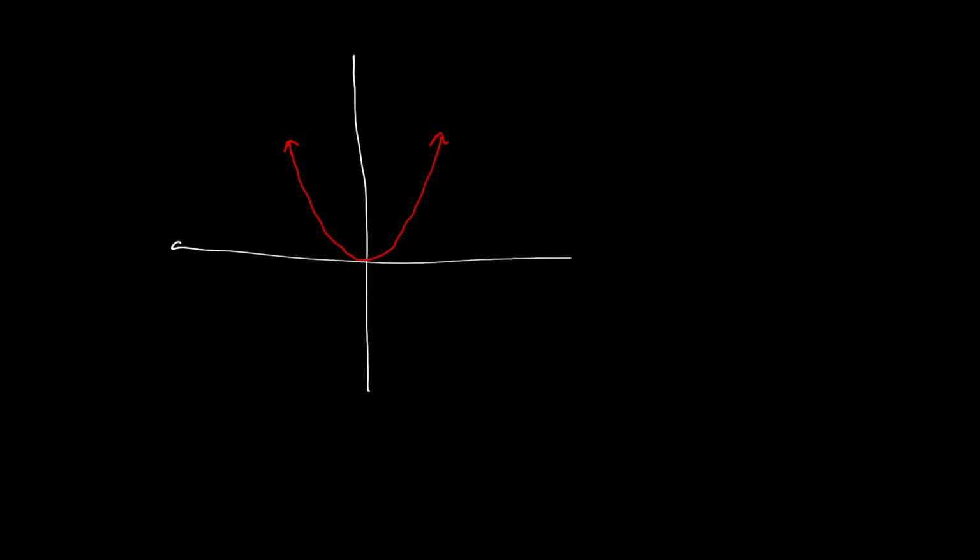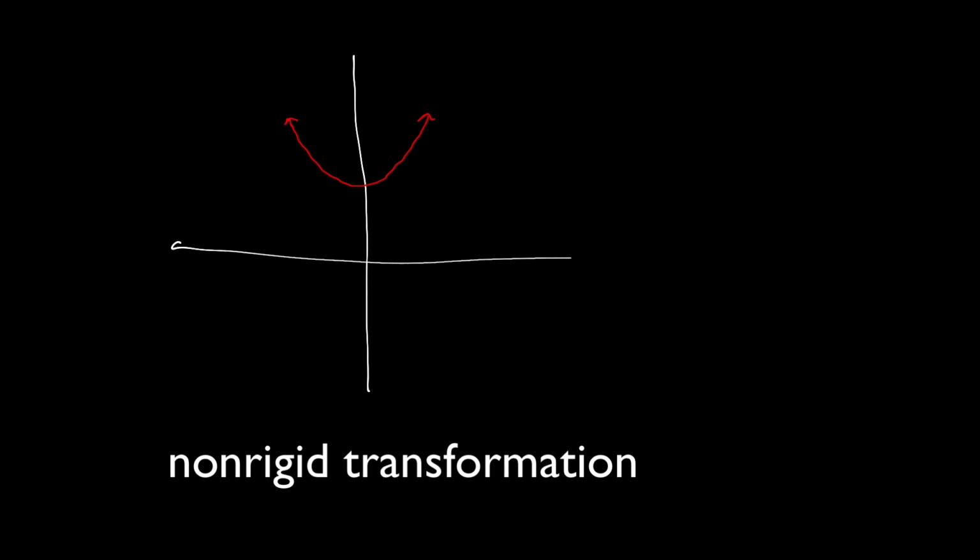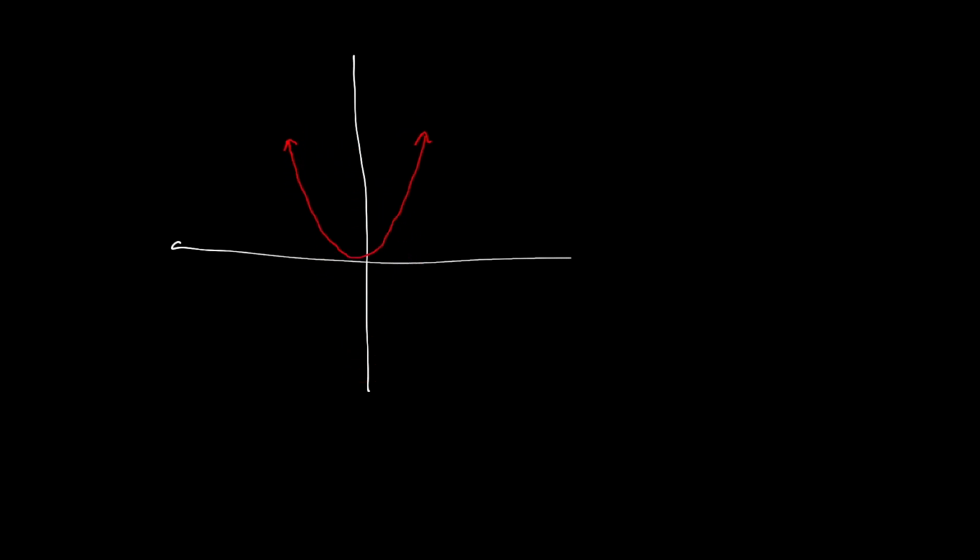So an example of a non-rigid transformation rather than a rigid one is one that changes the shape of the figure. For instance, we could have our figure like this, and instead of up and down, which is a translation or a rigid transformation, we could be shrinking this figure this way, or stretching it vertically.